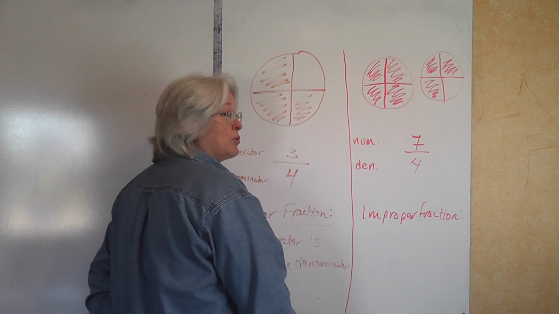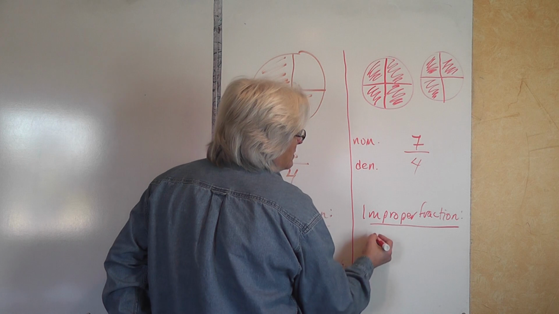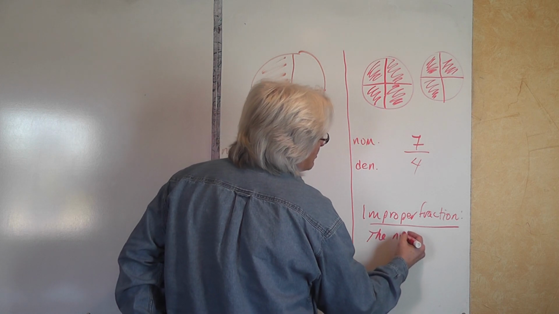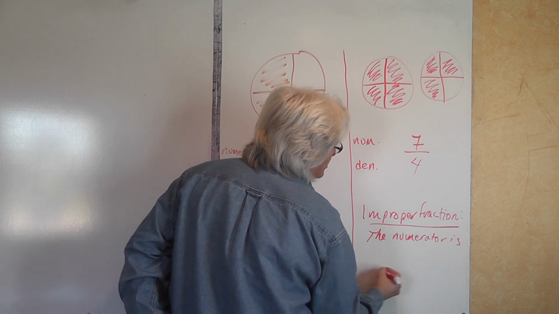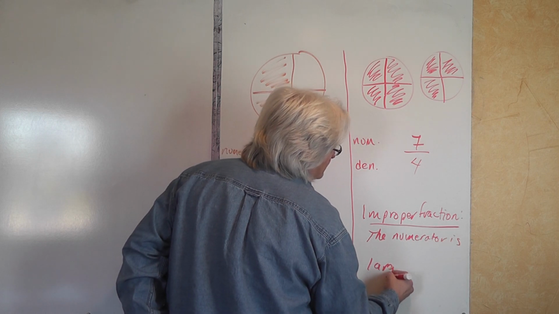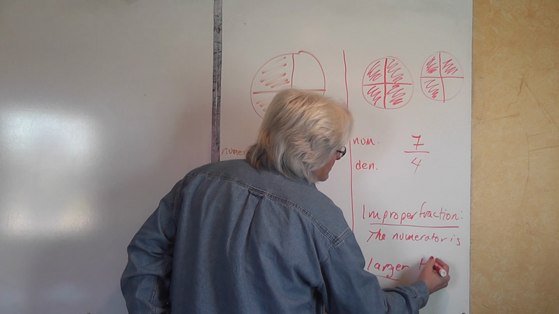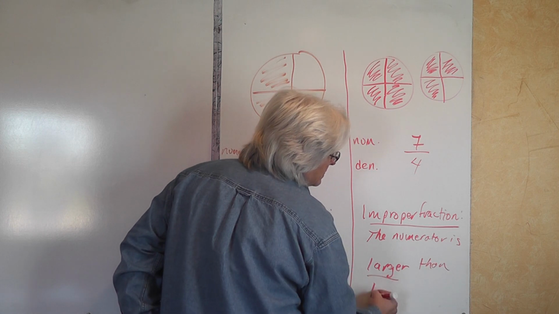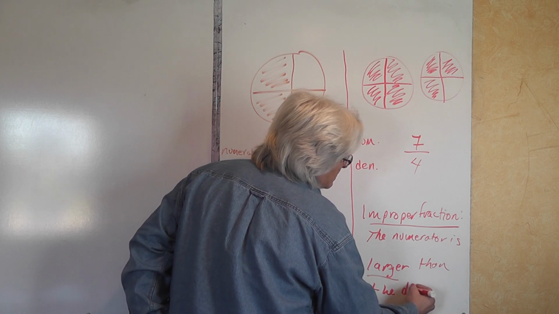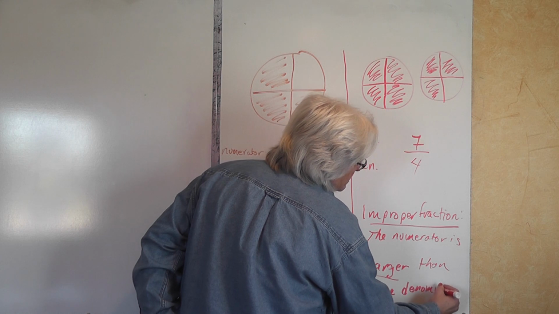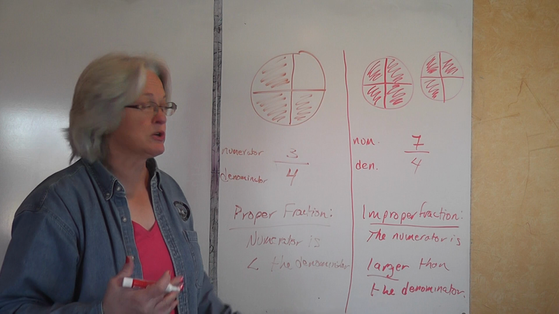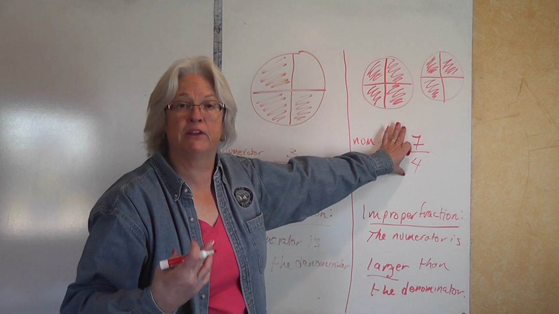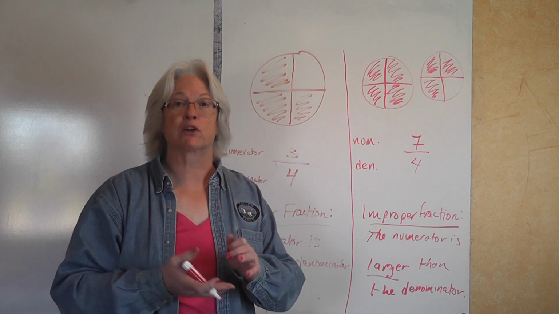What makes this improper? The fact that the numerator is larger than the denominator. Now, when you're working in algebra, we deal all of the time with improper fractions.